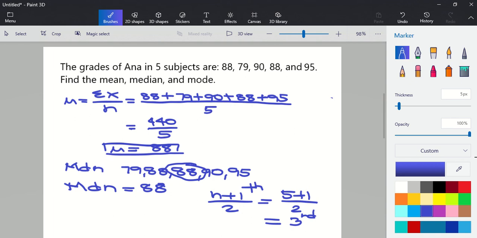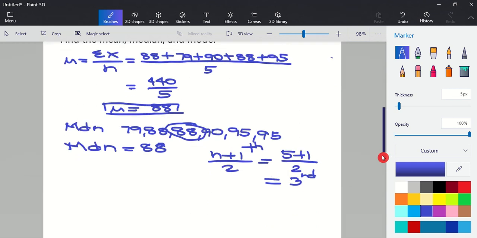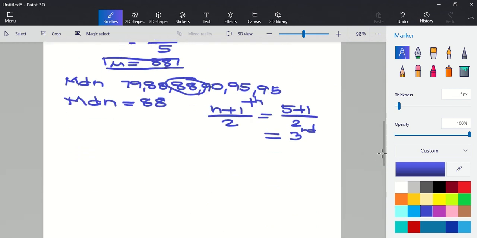But suppose there is another score here. Let's say there's another 95. For this case, our median falls in between 88 and 90.